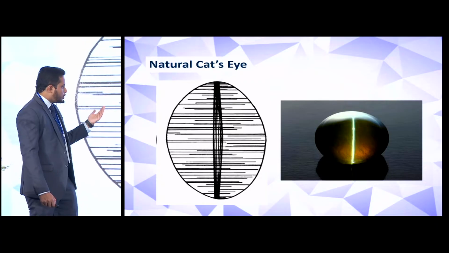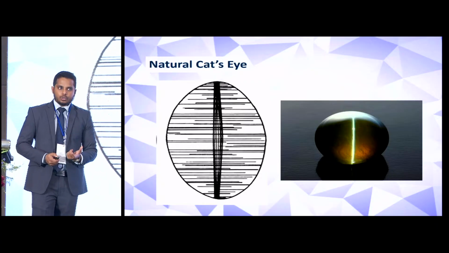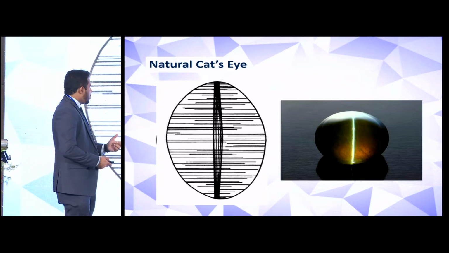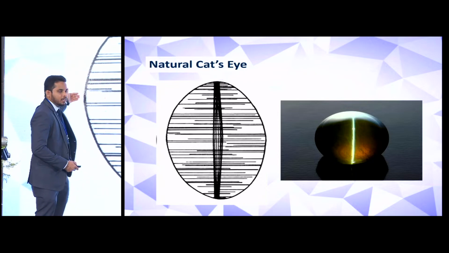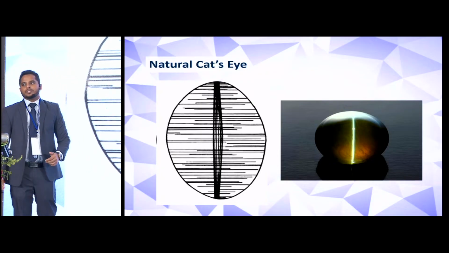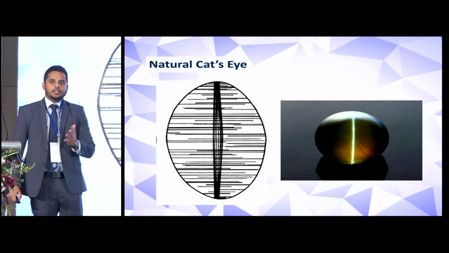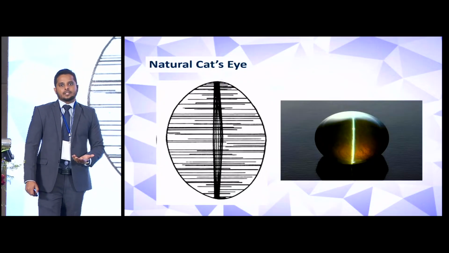So whenever you come across a cat's eye stone, especially cat's eye stones, always look from this direction. Observe this particular side. If you see some sort of honeycomb structure or chicken mesh structure, that's the end of the story. That's a glass cat's eye.